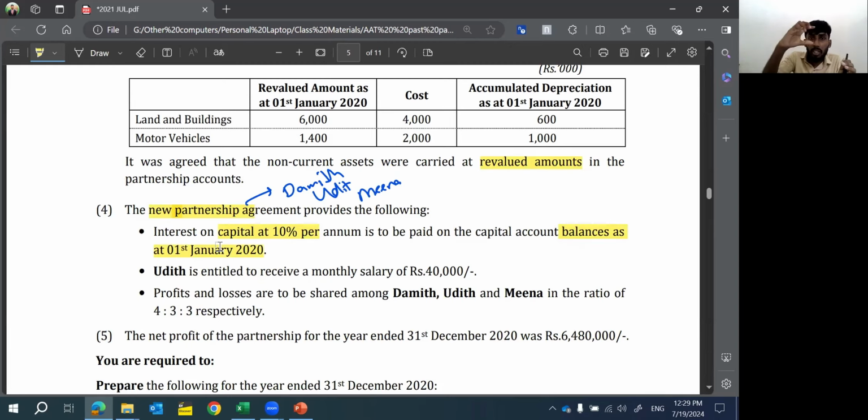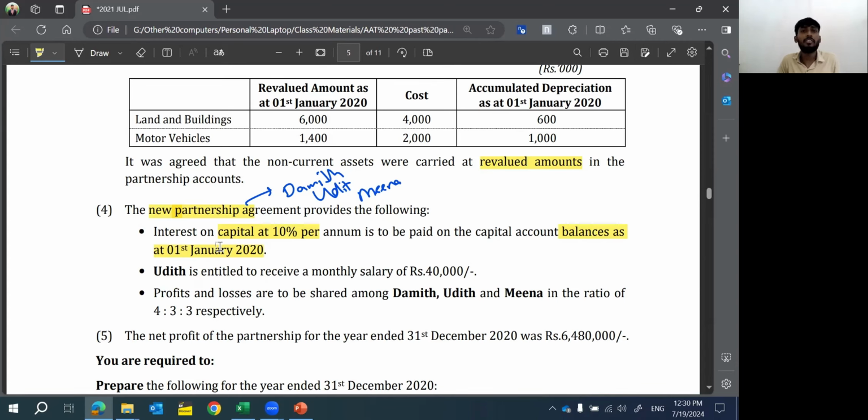So after doing all the adjustments, recording the initial capital, adjusting the goodwill, adjusting the revaluation, after that we will get a capital balance. So we need to calculate the interest on capital for that balance, my dears. Not for any other. For that balance only, we are going to calculate the interest.